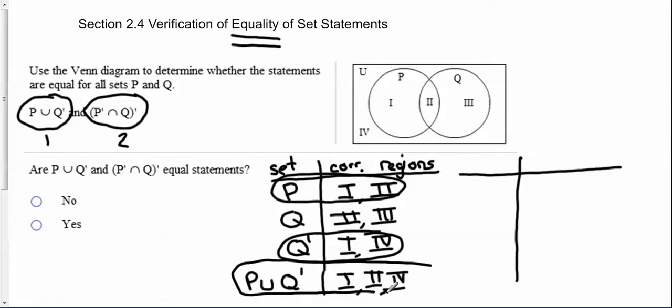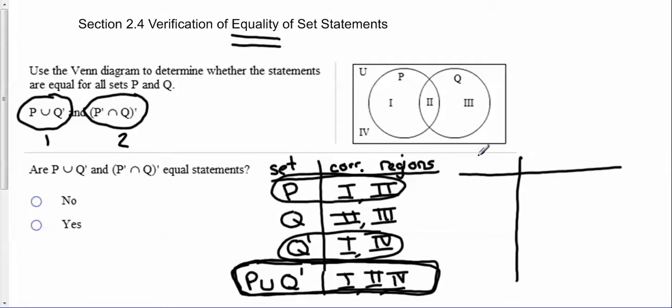That's like our answer row. We'll double circle it just to make it stand out over the other ones. Now, if we do the other set statement in the other table, and it's comprised of the same regions, then we say that those two set statements will always be equal.